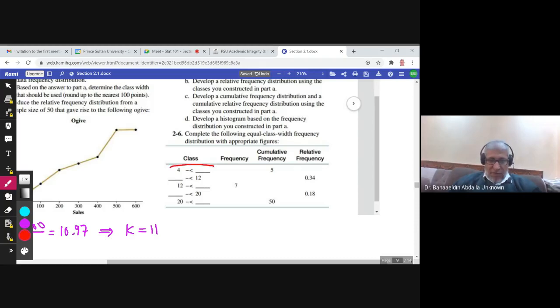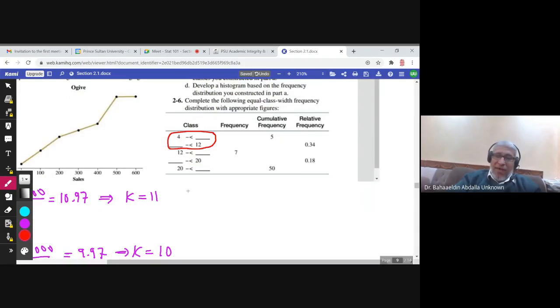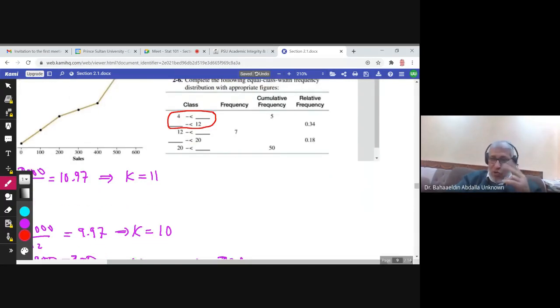The first class is from 4 to a number, and the second class is from this number to 12. Okay, so can I find the width of the 2 classes?